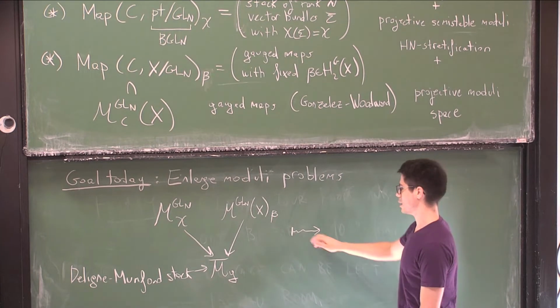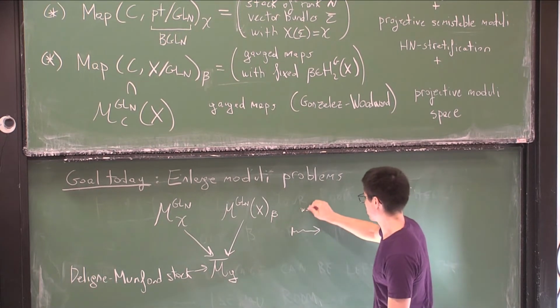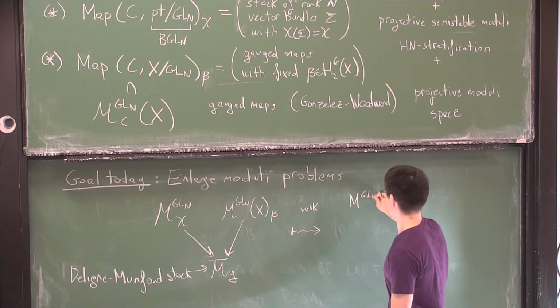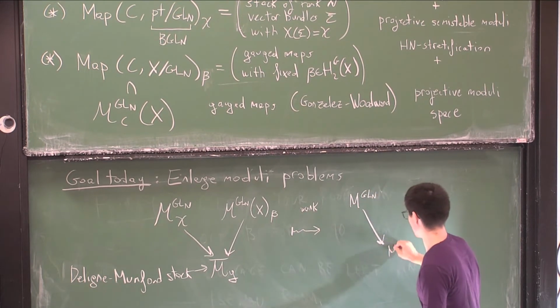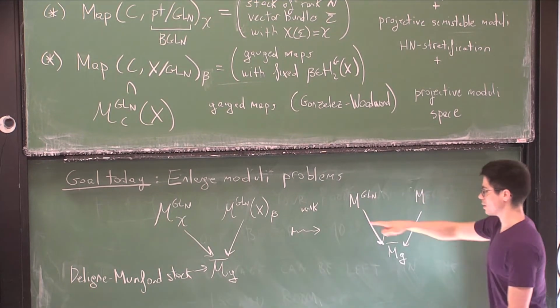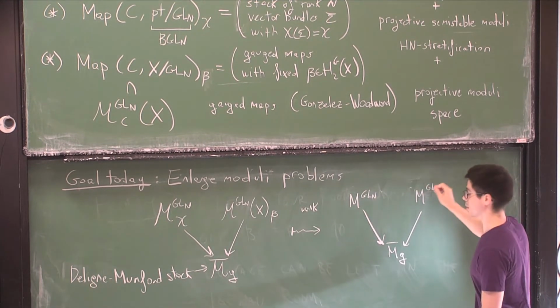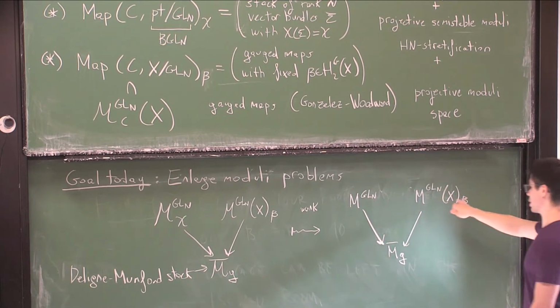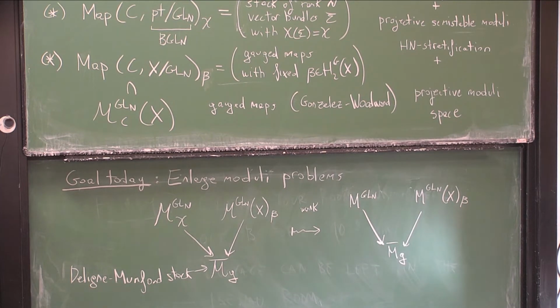Okay, so let me just say that some work, we're going to get some moduli spaces now sitting over the Deligne-Mumford moduli space. And generally I'm going to denote with calligraphic letters stacks, and I'm going to denote with Roman letters moduli spaces. Okay.